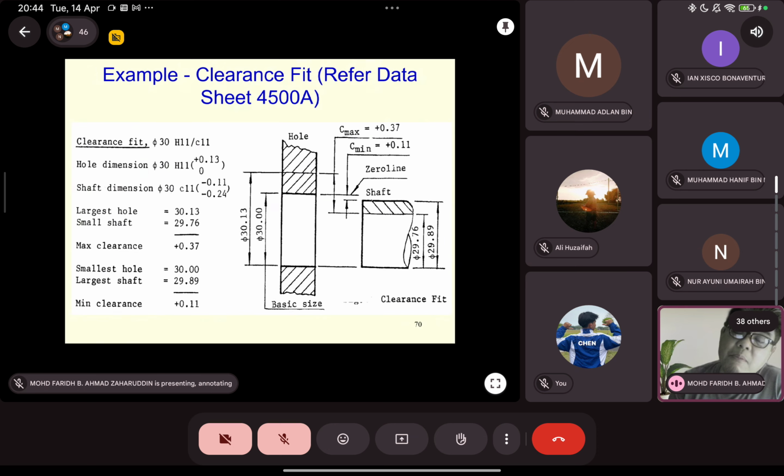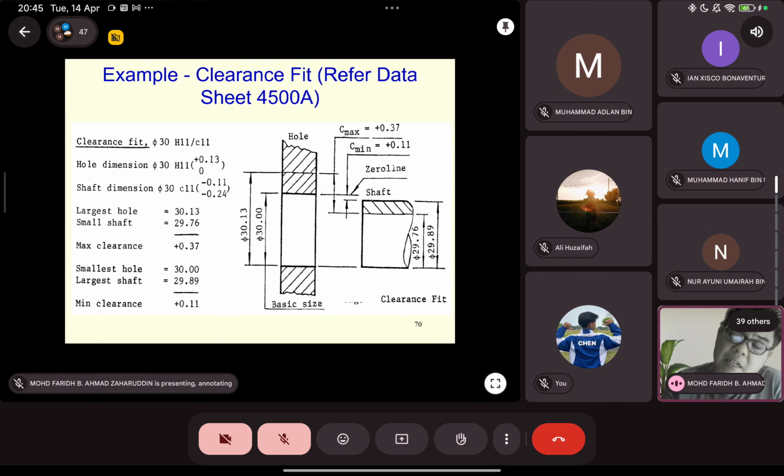So we can see from here that the maximum diameter of shaft, 29.890, is always smaller than the minimum size of hole, which is 30.000. So that's why this will be a clearance feed.